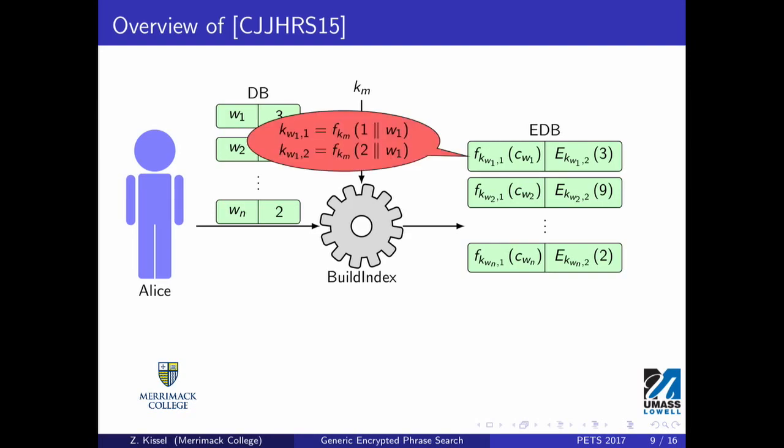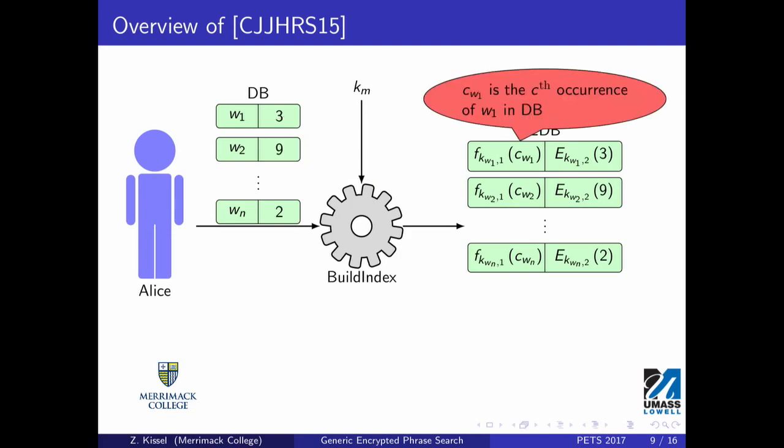So the pseudorandom function uses key KW1, which is derived from a PRF keyed with the master key. Likewise, for the encryption algorithm, we apply a key derivation function again. The C in the entry is a counter for the Wth occurrence of that keyword in the document collection.